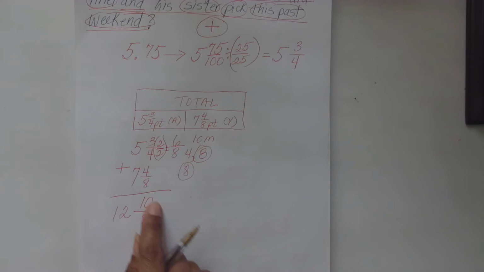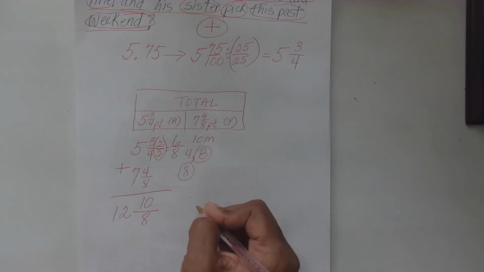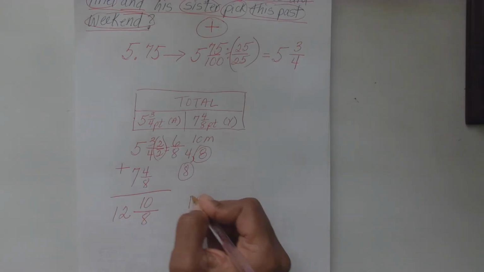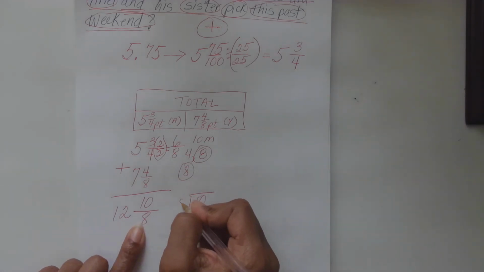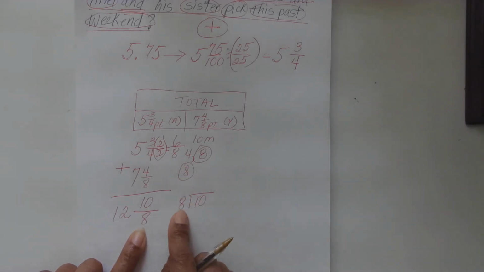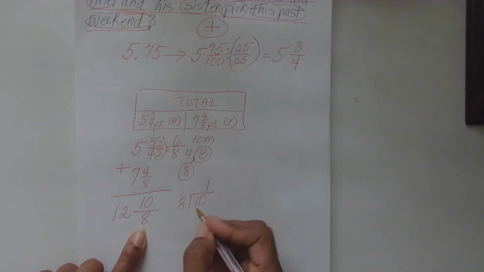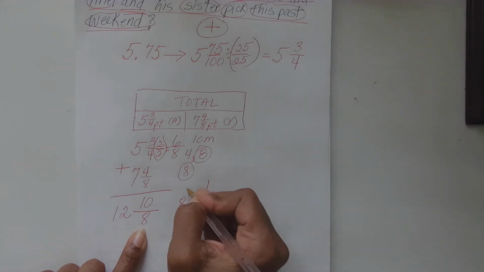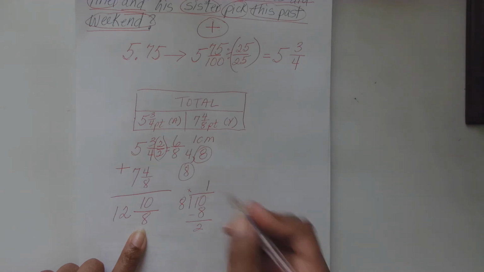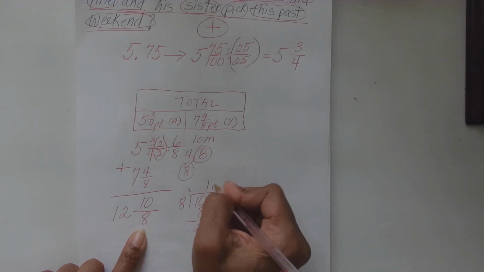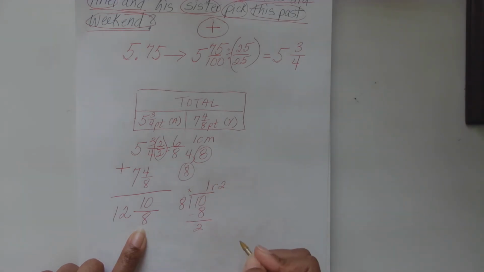So what you'll have to do in this case to simplify is take your 10, which is your numerator, and divide it by 8. How many groups of 8 can I get out of 10? Just one group. When I take that one group of 8 away, I'm left with 2. So back in 4th grade, we would have said 1, remainder 2.